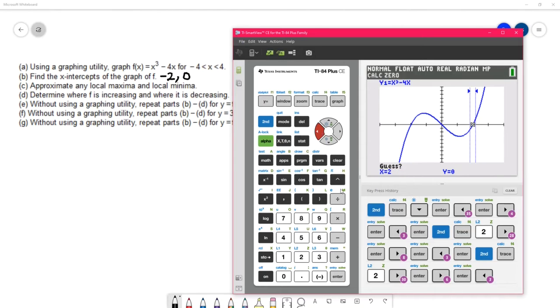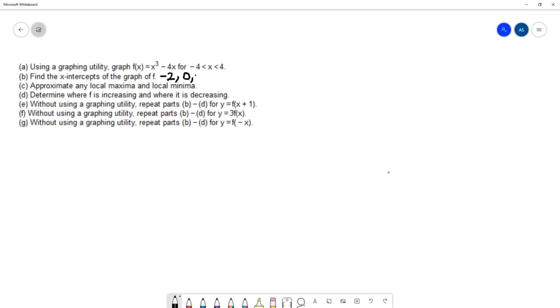Your calculator uses an approximation technique, so it needs you to give boundaries on where that intercept is so that it can narrow down where that x-intercept actually is. So we've got an x-intercept of 2. So we found our 3 x-intercepts, and then we want to approximate any local minimum or maximum.